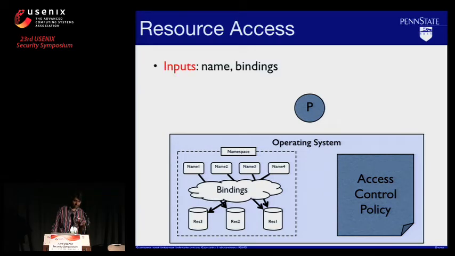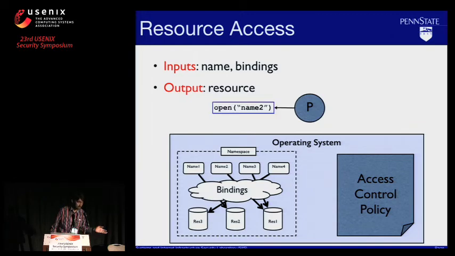Okay, so what is resource access? Resource access is a procedure that takes as input names and bindings, gives us output resources. So you have a program that gives a file name. The operating system uses the bindings within the OS. So these are the directories along the path.